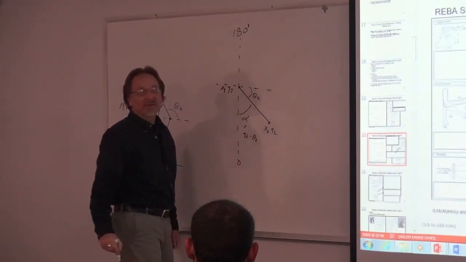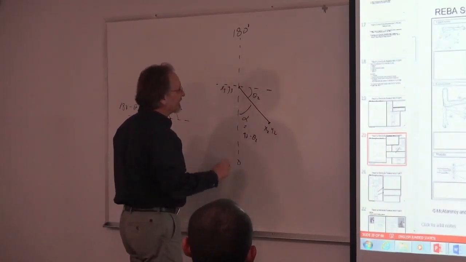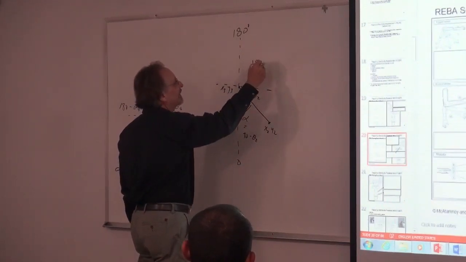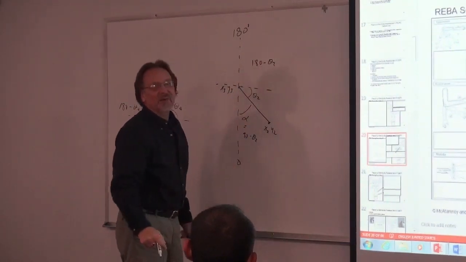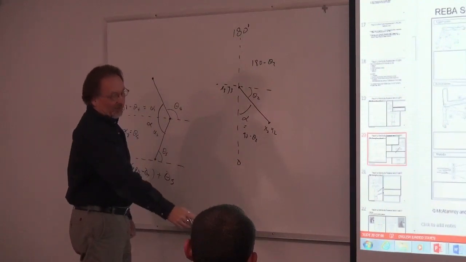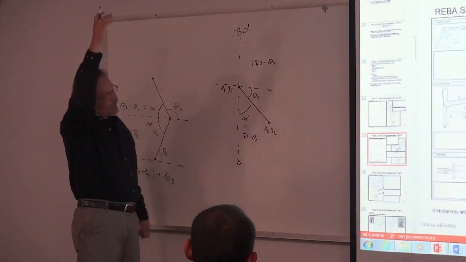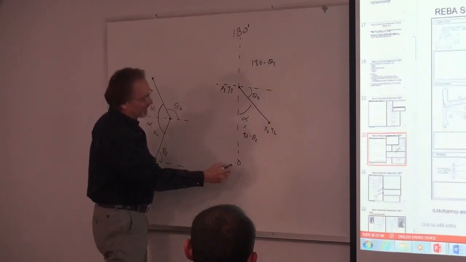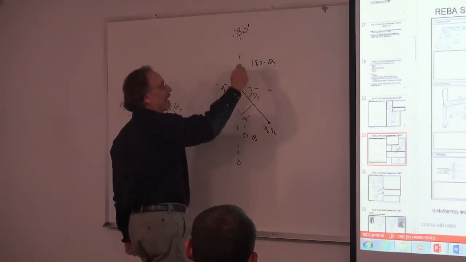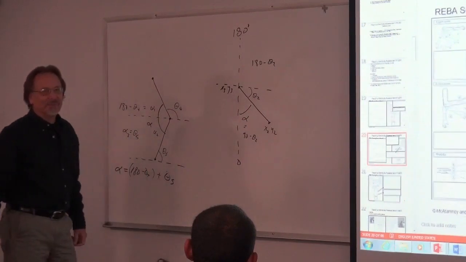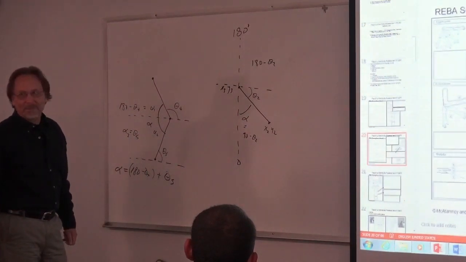It's just a complement of it. If it's up in this quadrant, then it would be 180 minus theta 2. Depends on where I am. If I'm here, it's 90 minus. If I'm up here, it's 180 minus, because I have to get a larger angle. So far, so good. Yes. I think so. Okay.